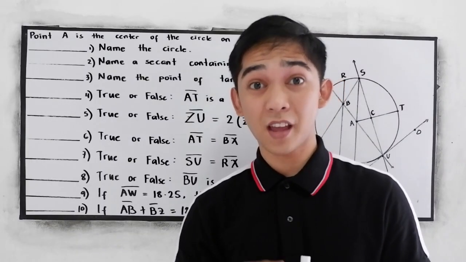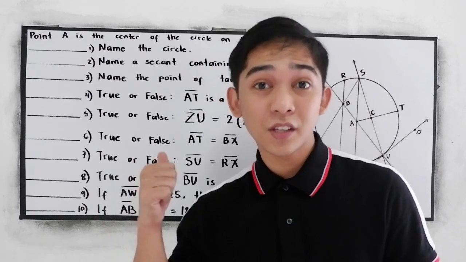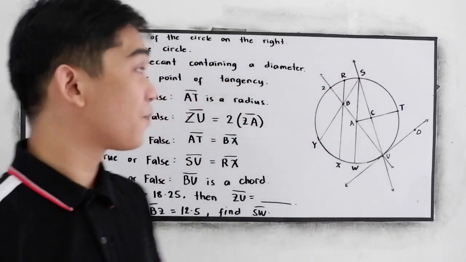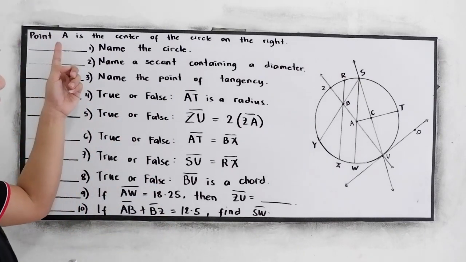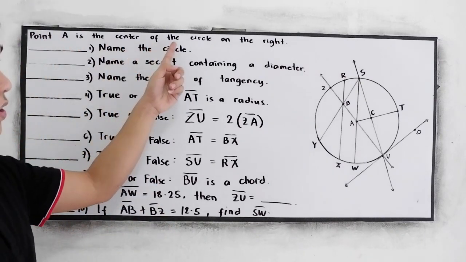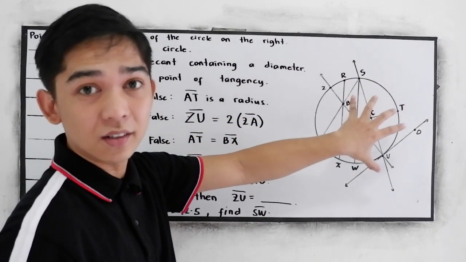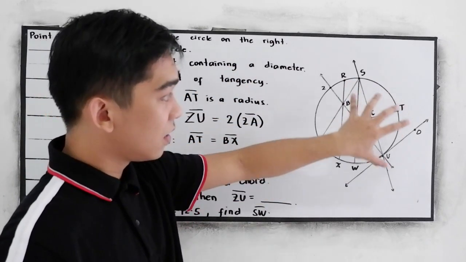To better understand our discussion, let's have these exercises. Direction: point A is the center of the circle on the right. So we have our illustration here. First, let us study.